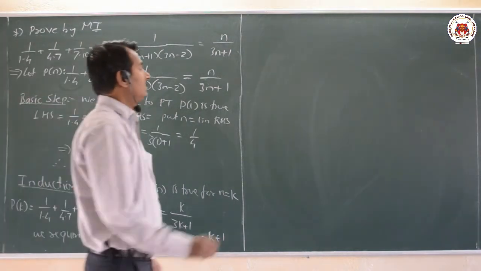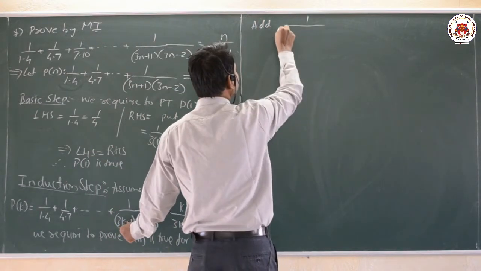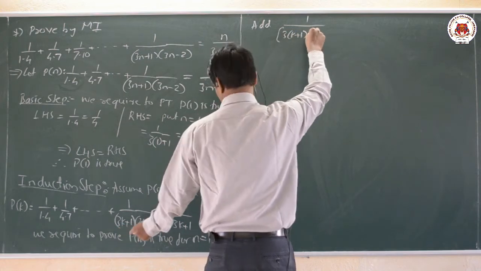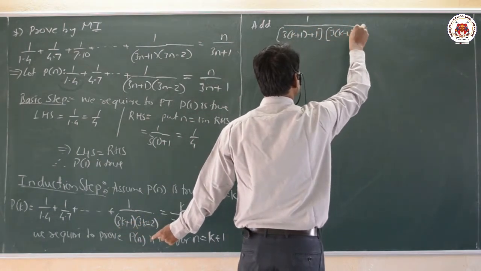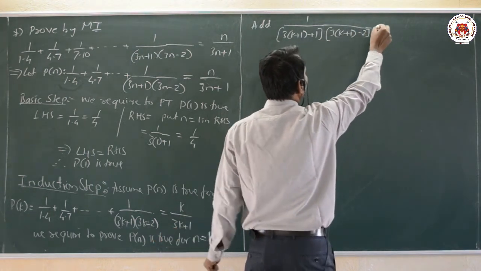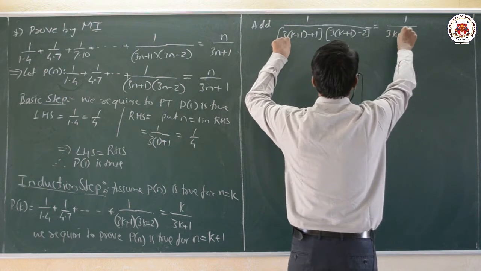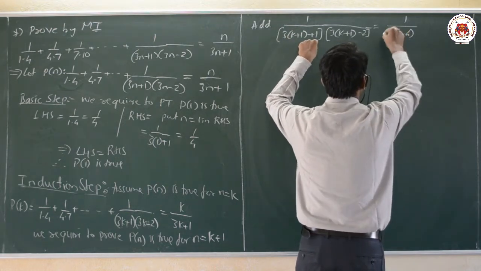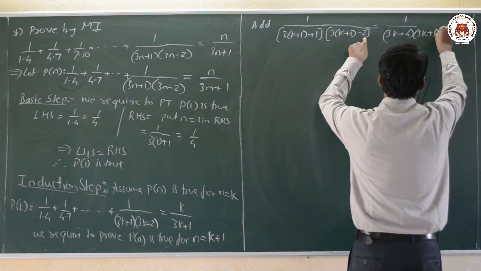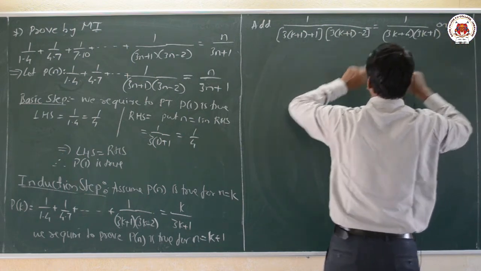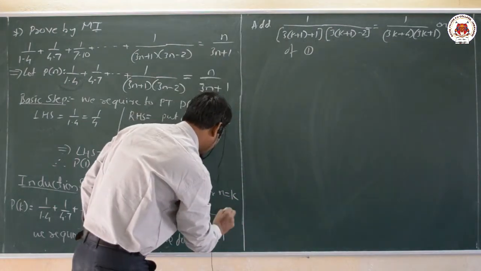That is, add 1 divided by 3 into (k plus 1) minus 2, into 3 into (k plus 1) plus 1, on the LHS, and on the RHS, 1 divided by (3k plus 1) into (3k plus 4), of equation 1. We shall take this as equation number 1.